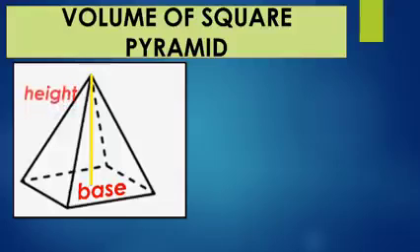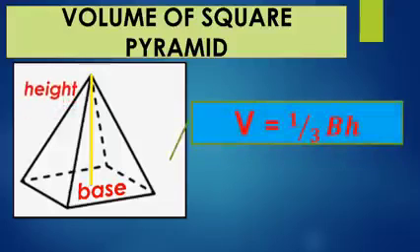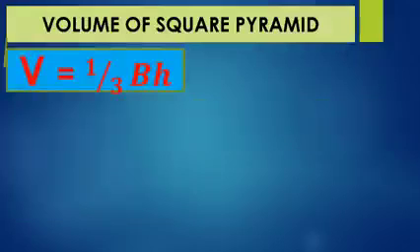In order to find the volume of any pyramid, that is equal to 1/3 the area of the base times the height. Since we're dealing here with the square pyramid, our base here is the area of the square. Naman natin na yung area ng square is equal to S squared.